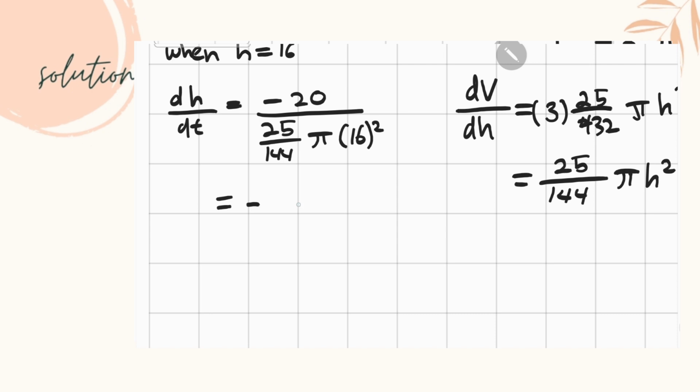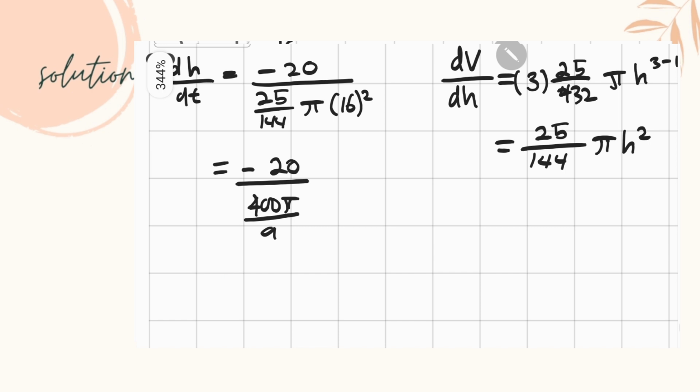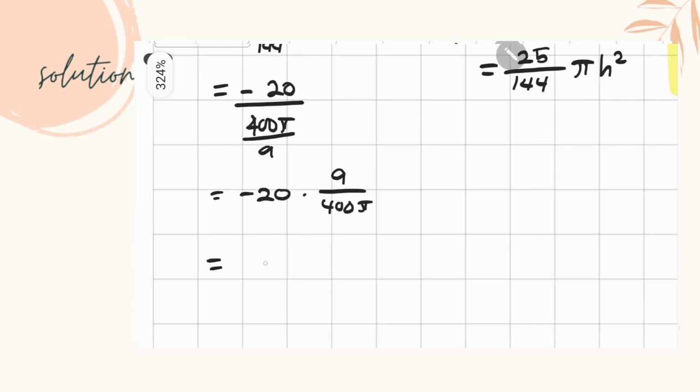We will get negative 20 over 400 pi over 9. And then negative 20 times 9 over 400 pi, and the final answer is negative 9 over 20 pi.